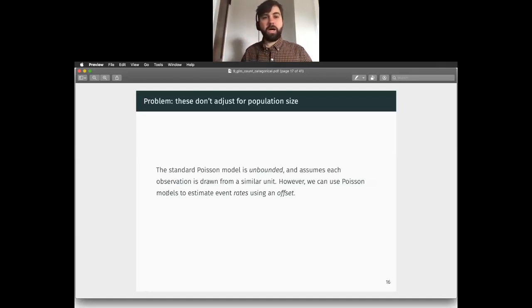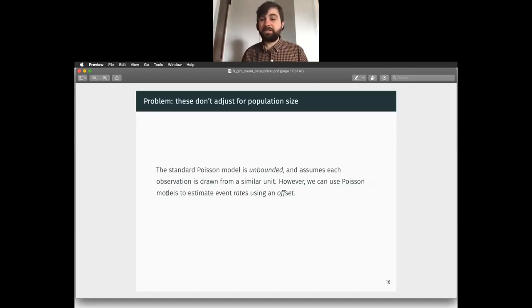If we have different units that we're drawing from that have a different exposure, meaning, in this case, a different population size, it could also be a different exposure in terms of the amount of time that a unit was exposed to the conditions that would produce the outcome. It could be a lot of different things.